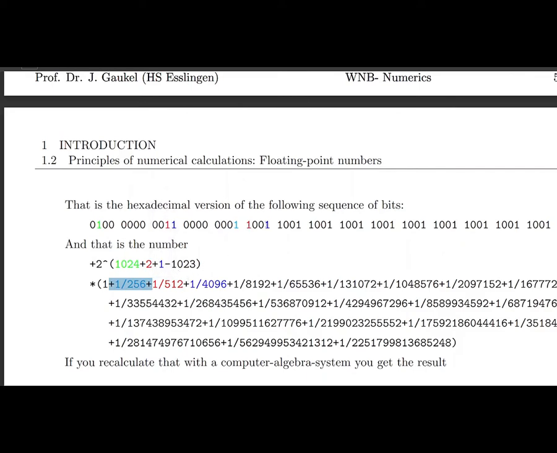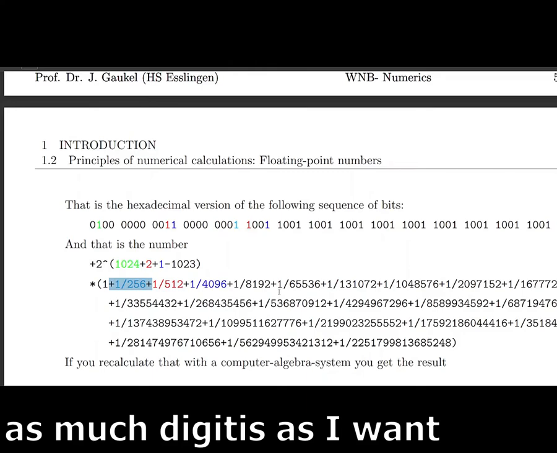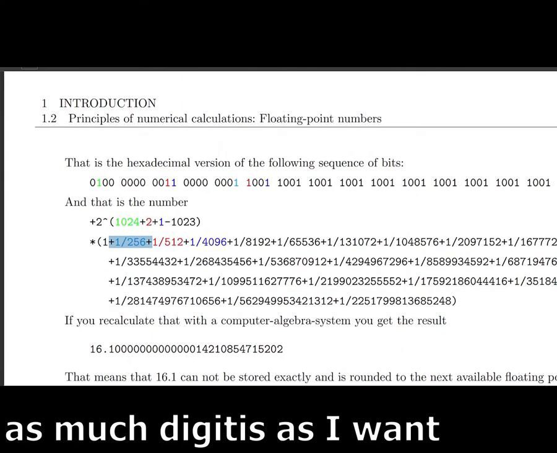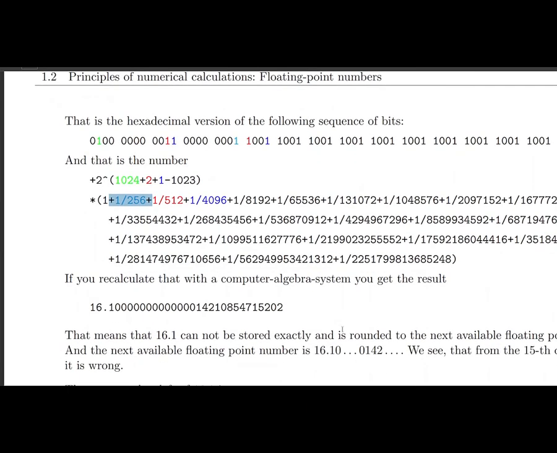This is 1 divided by 4096, and so on. I did not use Matlab to do that calculation, that would not make any sense, but I used a computer algebra system, so I can have as many digits as I want. And doing that calculation, I found out that 16.1 is stored as this number.